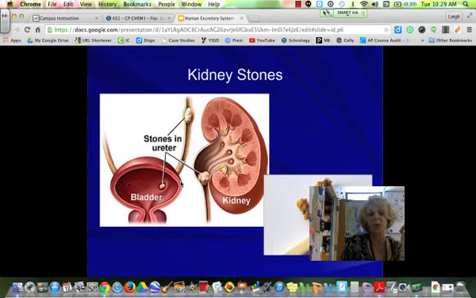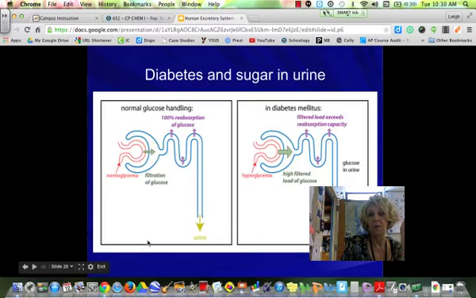Some people don't drink enough water and these form, and they are very painful. If they're very large, sometimes doctors can use ultrasounds to break them up into smaller pieces, but sometimes they have to pass. And when they pass through, that can be very painful for the person.